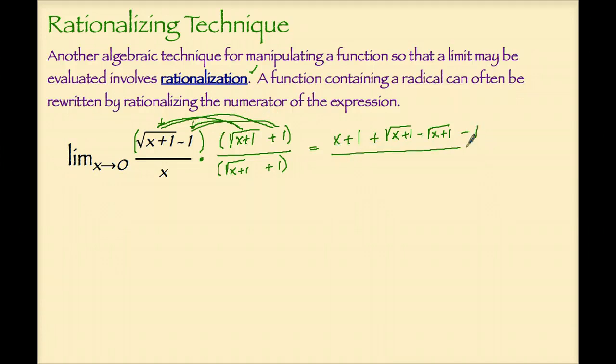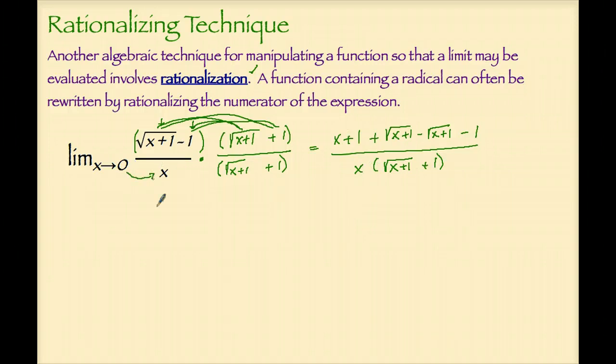In the denominator, we're not going to FOIL. We're going to leave x separate from this quantity because remember, we're hoping that x will cancel. So I'm just going to write this as x times the quantity square root of x plus 1 plus 1. We need x to cancel so that we can use direct substitution.